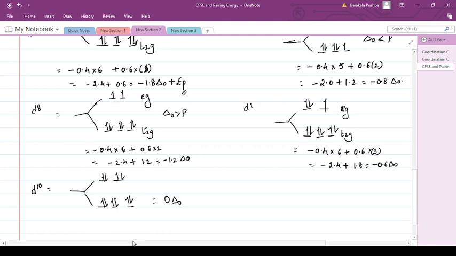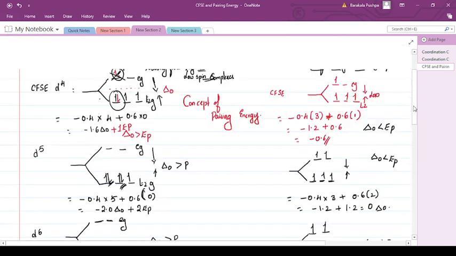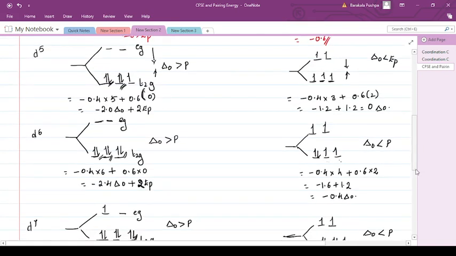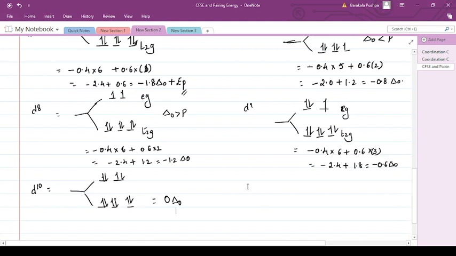Both the high spin and low spin, only in the case of d4, d5, d6, d7 do we have this calculation. Only in the case of d4, d5, d6, d7 is there a difference of CFSE along with electron pairing energy, whereas in d1, d2, d3, d8, d9, d10, there is no concept of pairing energy.